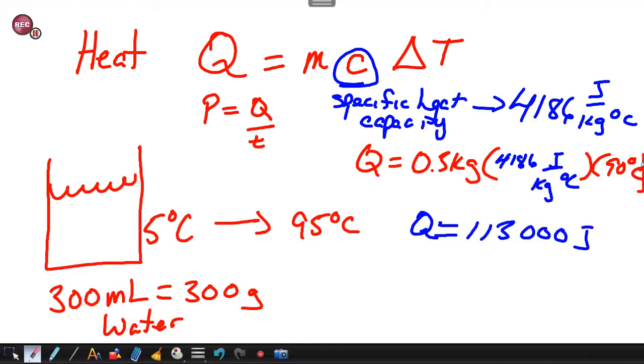The idea is that this specific heat capacity defines how much energy you need to change a specific amount of the fluid or of the material by a specific amount of temperature increase. All right, in this case, 1 kilogram, 1 degree Celsius. You would need 4,000 joules to heat that kilogram of water. And of course, it's different for every substance. You got this huge chart of the different things.